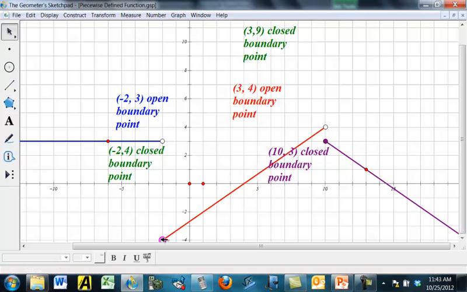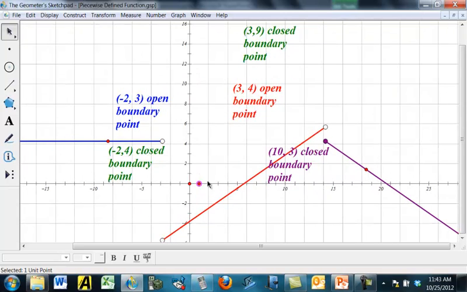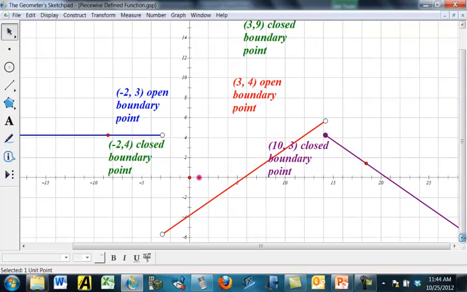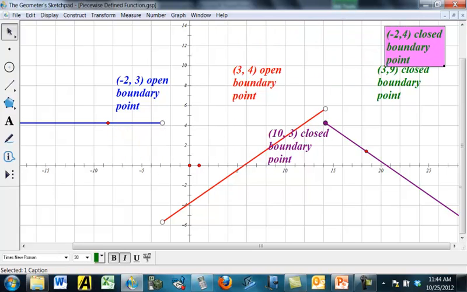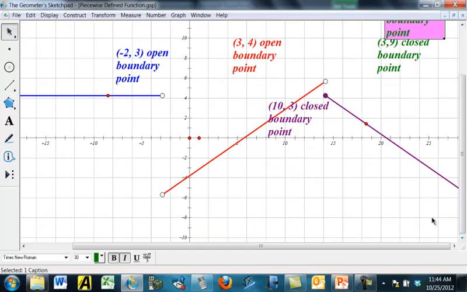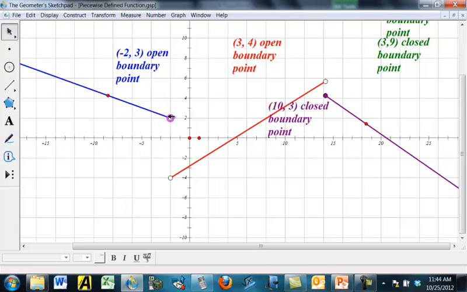Negative 2, 4 is there. Negative 2, 3 is there.